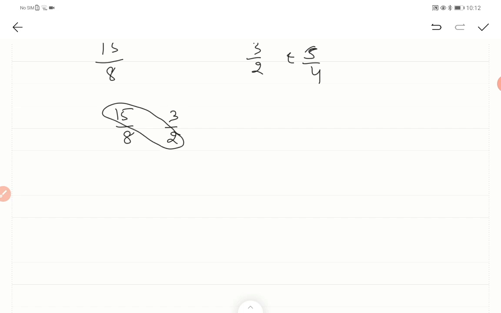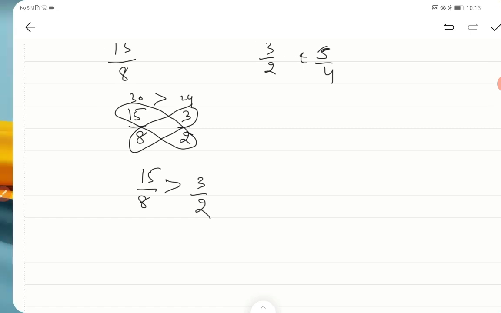So this is 30, and here 8 threes is 24. So 30 is greater than 24. This is an improper fraction, isn't it? So that means the product 15 by 8 is greater than the individual improper fraction.